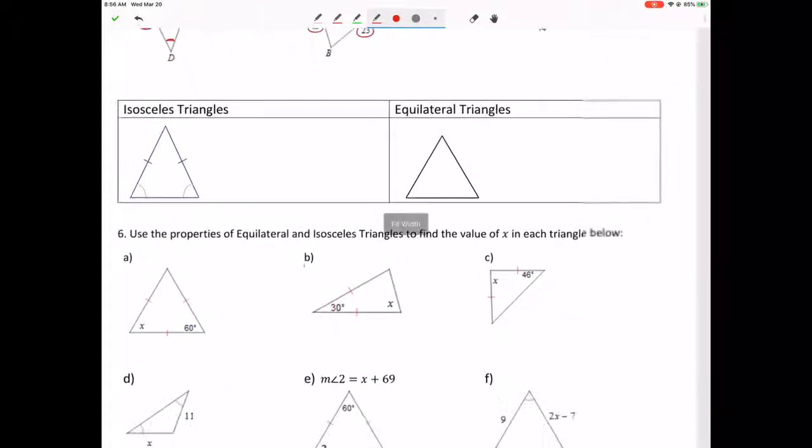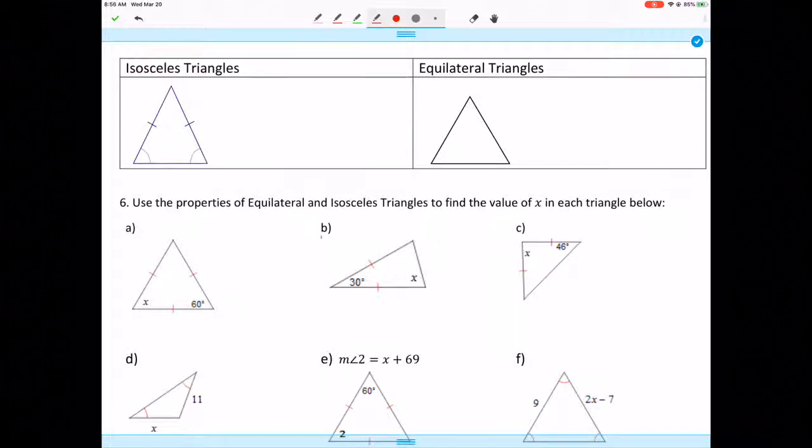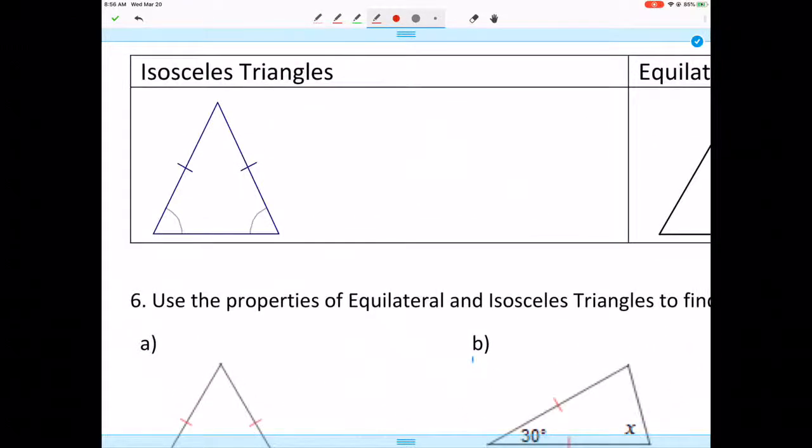Okay, and then we have just a couple more things we need to cover before we're done, isosceles triangles and equilateral triangles. So, as the picture kind of suggests, an isosceles triangle has two or more equal sides and two equal angles.